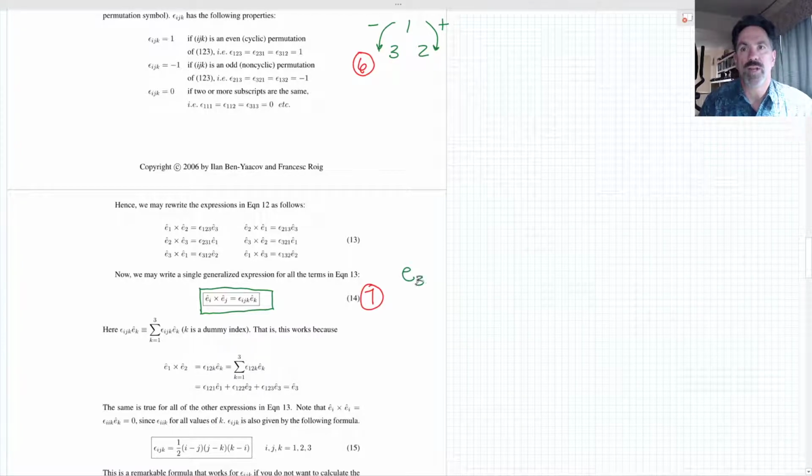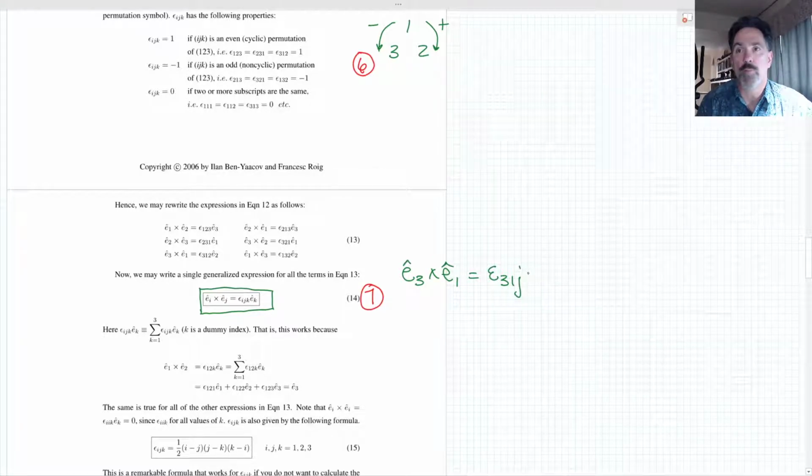But you could have an e3 crossed with an e1, and what you want to make sure you understand is that that's epsilon 3, 1, and then call it k or j or m. Remember, the indices don't matter. So it's equal to this. How do we evaluate this? Well, since the permutation tensor can't have repeated indices, the j can't be 1 and it can't be 3, because when it's 1, epsilon is 0, and when it's 3, epsilon is 0.